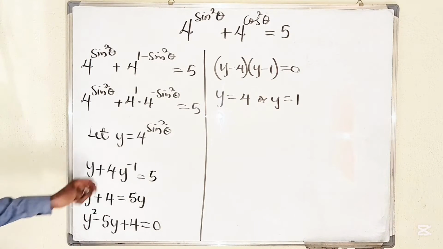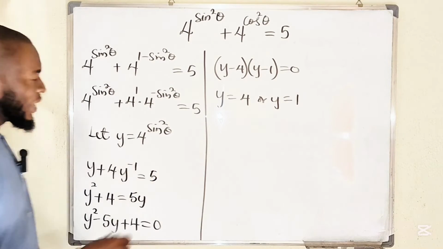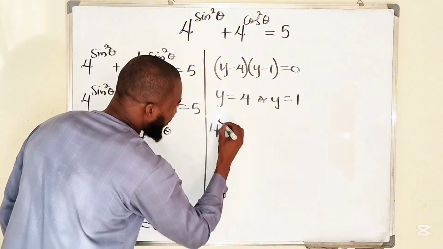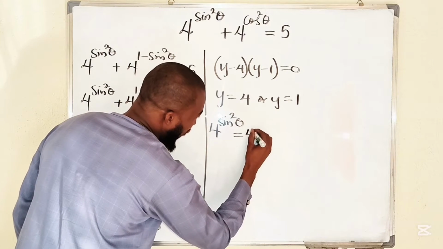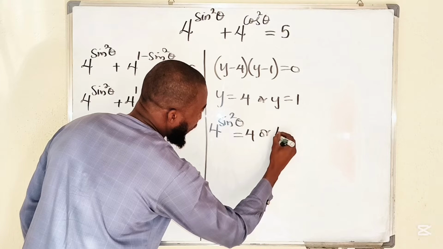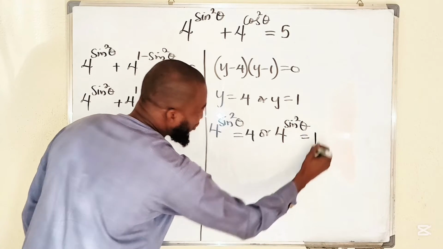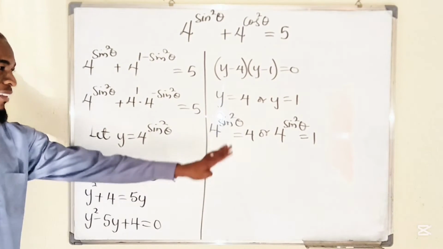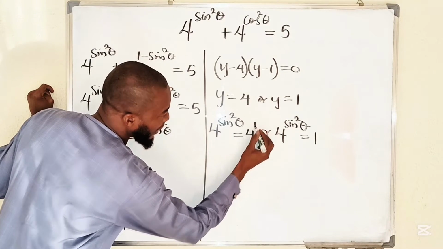But remember that y is what? 4 raised to the power of sine squared theta. So it means that 4 raised to the power of sine squared theta is either equal to 4 or 4 raised to the power of sine squared theta is equal to 1. All right, let's start with this one. Having the same bases, we can equate the exponents.